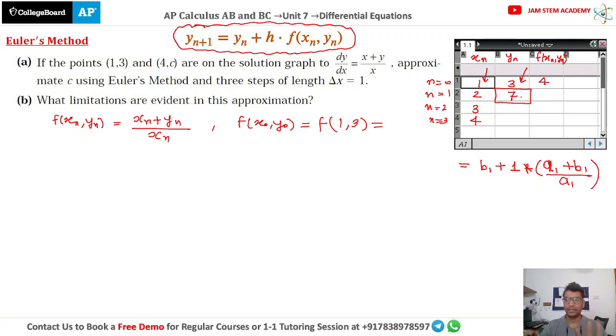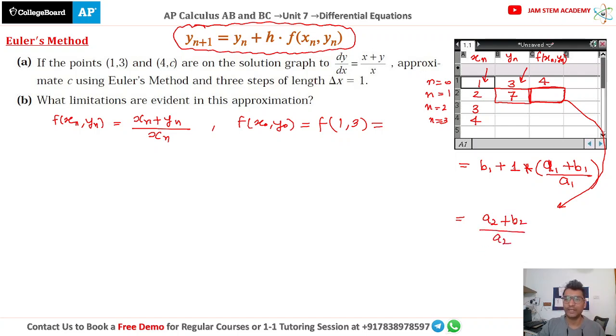Okay, now here in the third cell, for this part also you can use the formula. So I'll write the formula for this part as well. Here you can use equals B2, so A2 plus B2 divided by A2, and enter this.